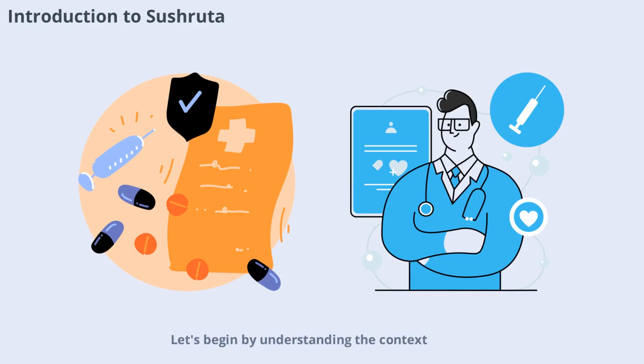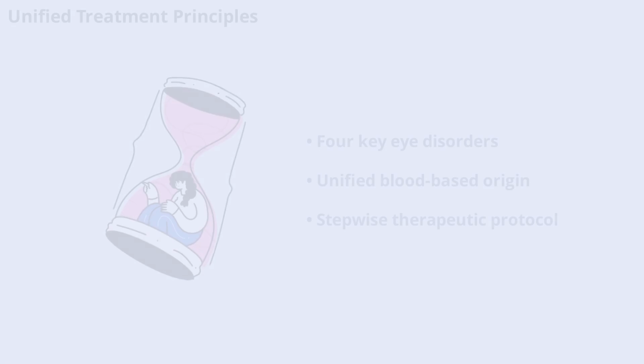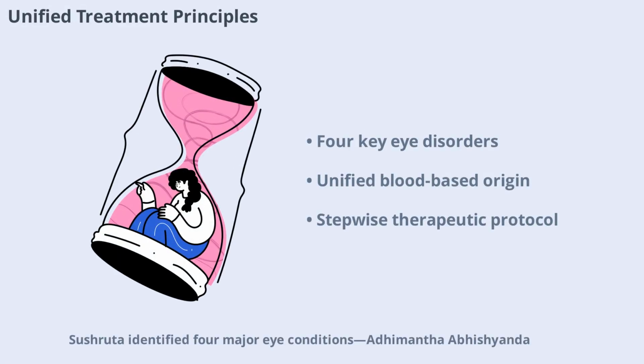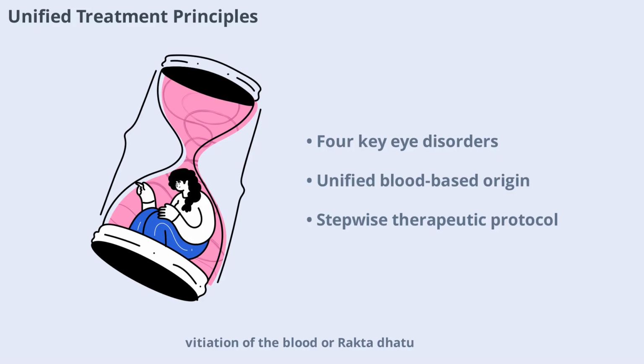Let's begin by understanding the context and significance of these ancient teachings. Sushruta identified four major eye conditions: Adhimantha, Abhishyanda, Sirotpata, and Siraharsha, that share a common origin: vitiation of the blood, or Rakta.